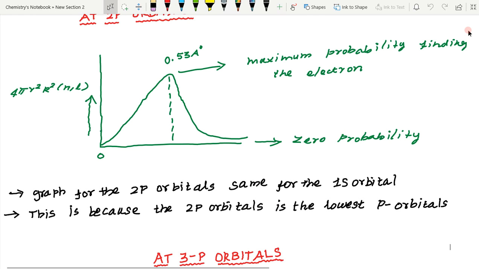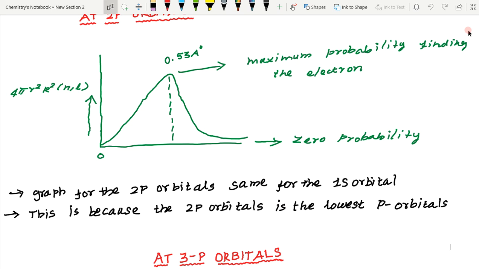See next, at 2p orbitals, see the diagram, take a plot against 4 pi r square and capital R square nl. 0 denotes there is no probability of finding the electron. See the maximum curve at 0.53 Armstrong.